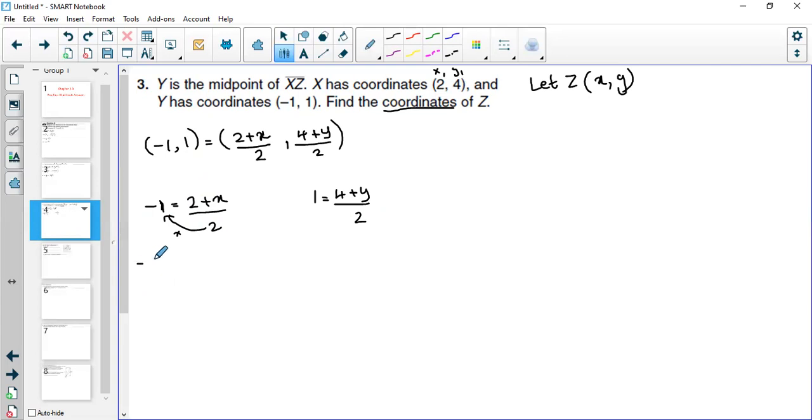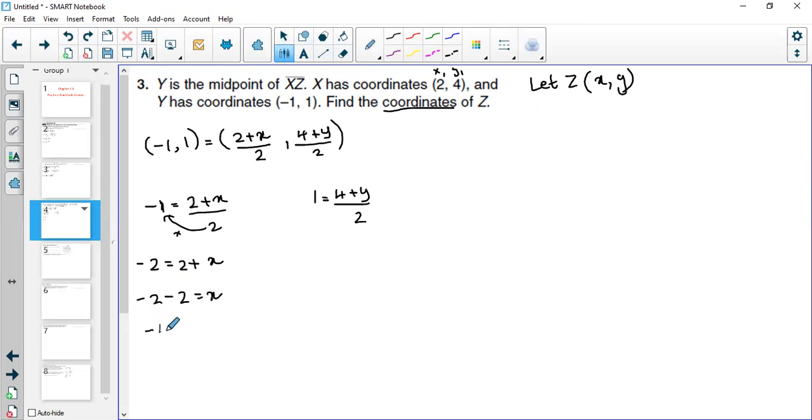So that's going to give you negative 2 equals 2 plus x. So negative 2 plus negative 2, because plus 2 will become minus 2. So this is minus 2, minus 2 will become minus 4 equals x.